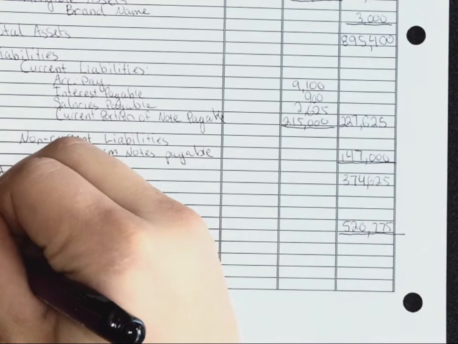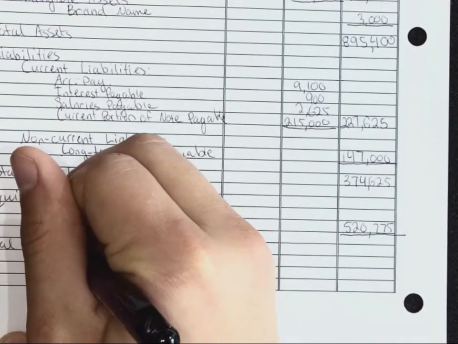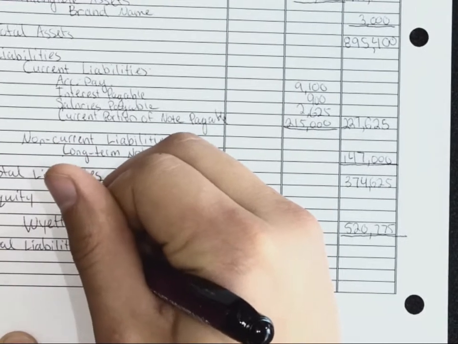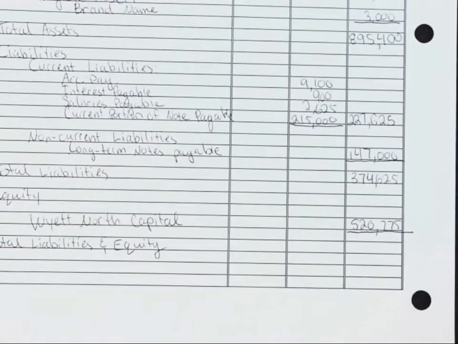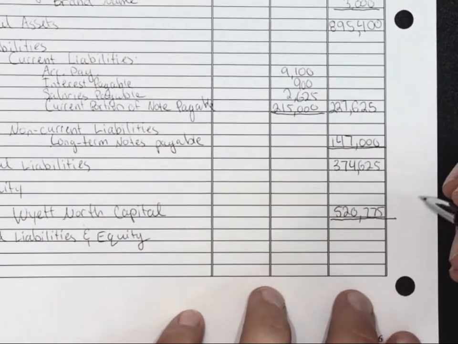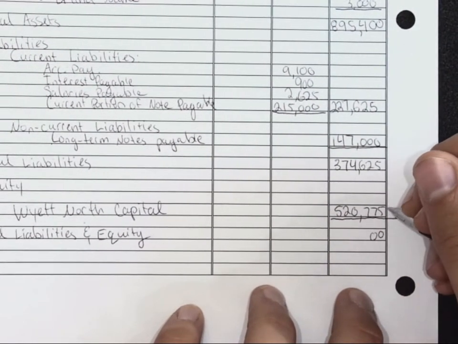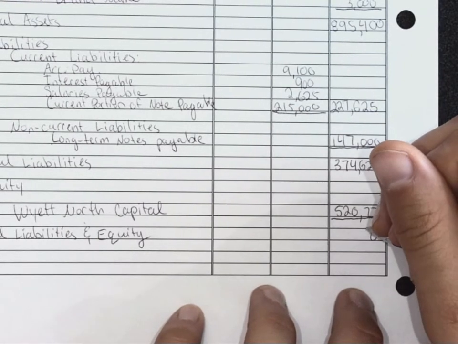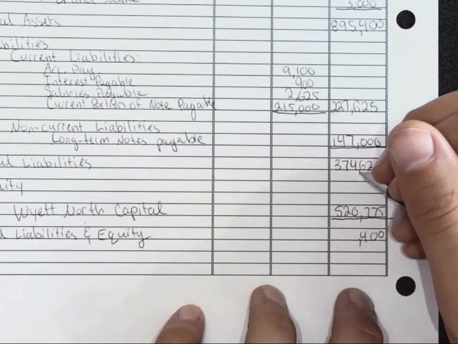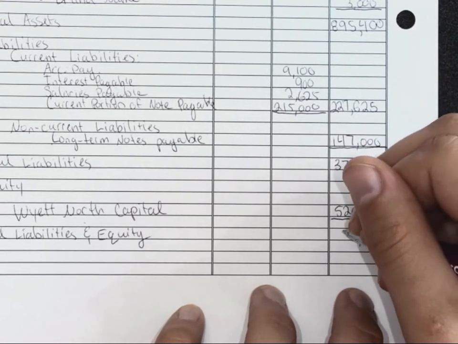And we have total liabilities and equity. Now it's the moment of truth. Zero, 4, 5, 9.